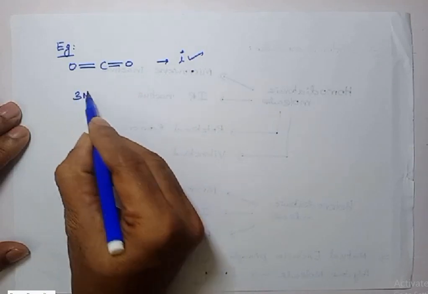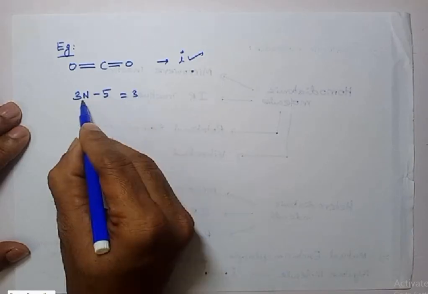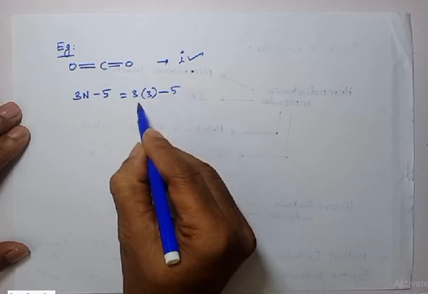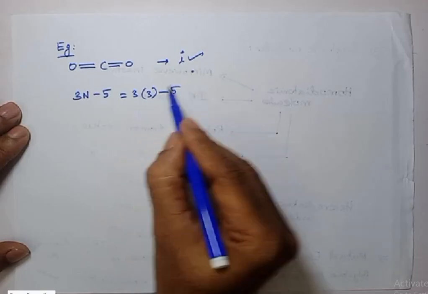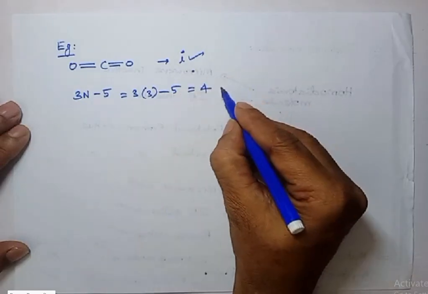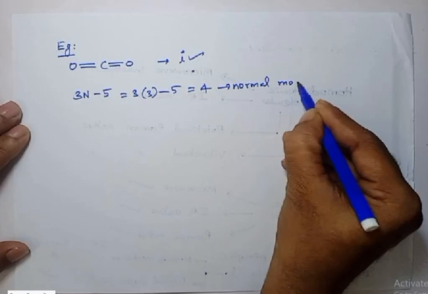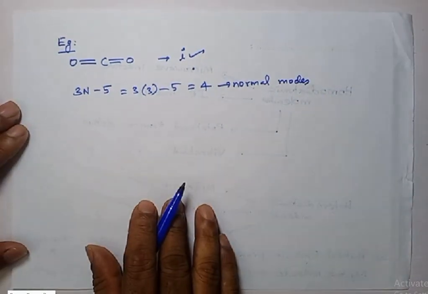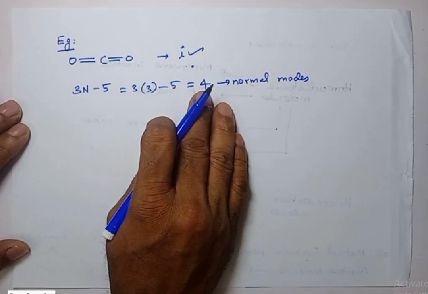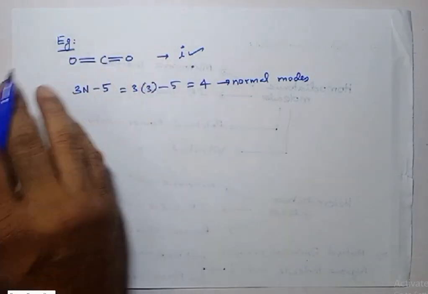So the number of normal modes is 3n minus 5: 3 into the number of atoms in one molecule, 3, minus 5. 3 into 3 is 9, 9 minus 5 equals 4. So this molecule possesses 4 normal modes of vibrations. Now the question is, out of these 4, whether all 4 normal modes are active in both IR as well as Raman.